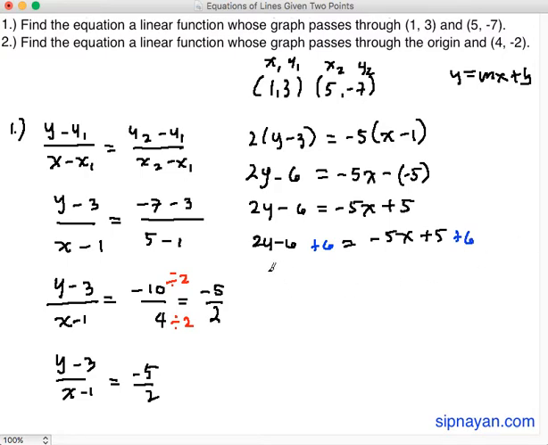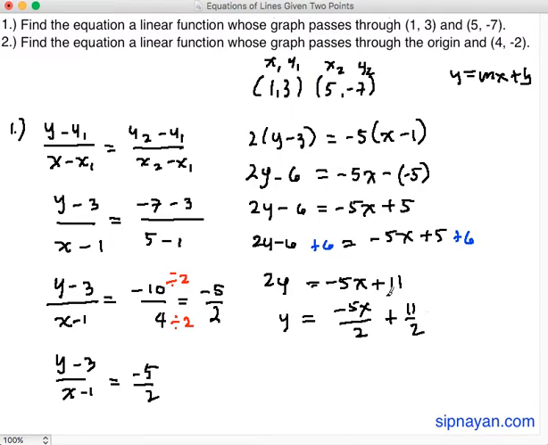Mangyayari dyan is 2y minus 6 plus 6, 0. So, magiging negative 5x plus 11. And para makuha natin yung y, divide natin yung both sides by 2. We have y equals negative 5x over 2 plus 11 over 2. Okay? So ito na yung final equation natin.